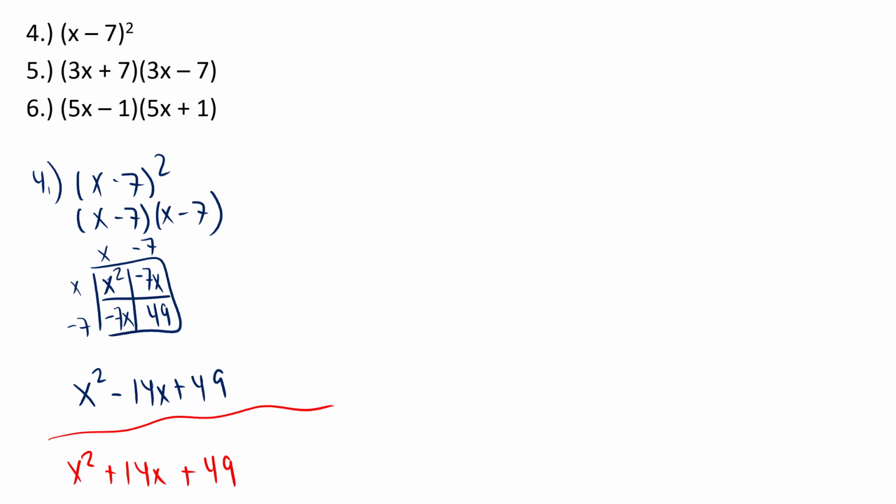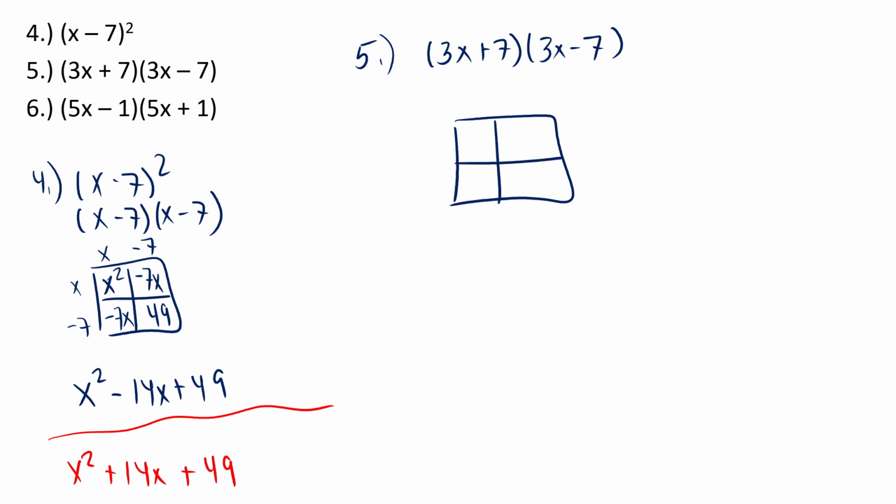5 and 6 go back to the difference of squares. So these are going to come out being the difference of squares because we're multiplying conjugates. And I'll go ahead and do one of these on the area model just so we can get practice with both. 3 times 3 is 9, and x times x is x squared.